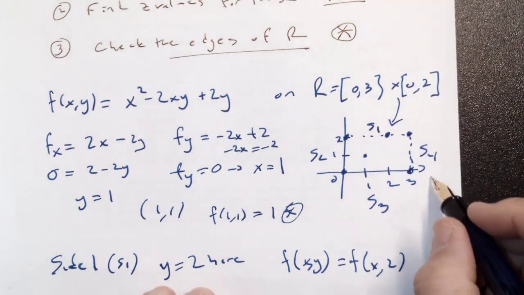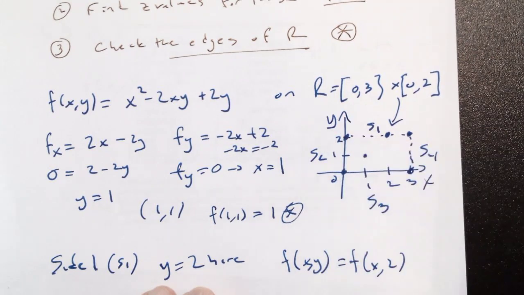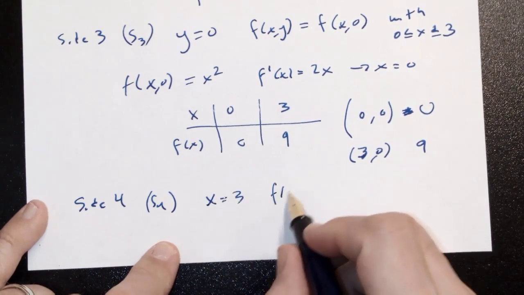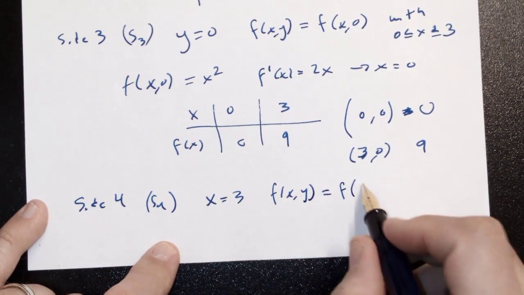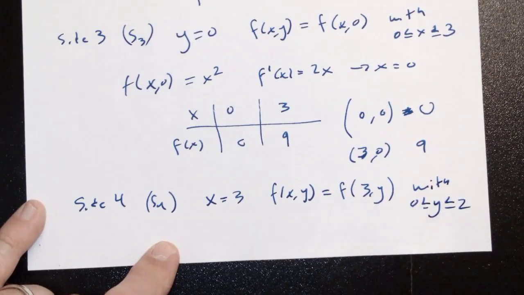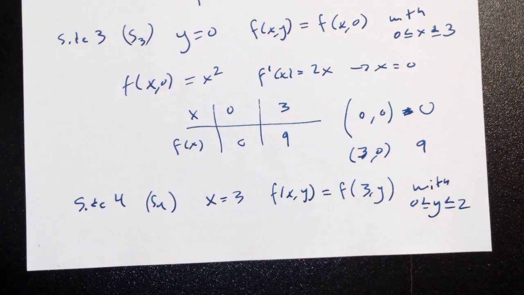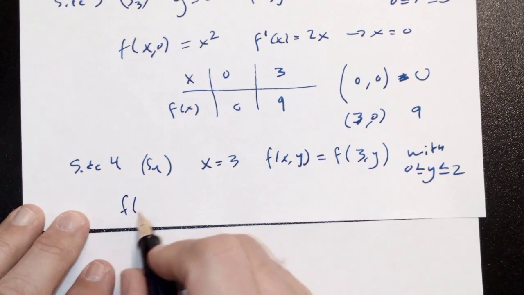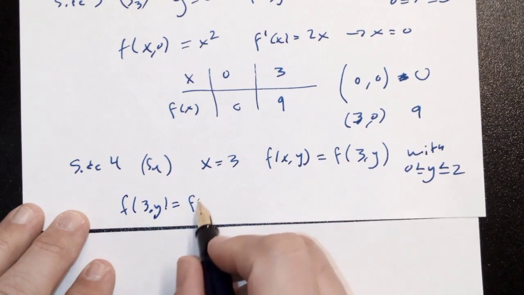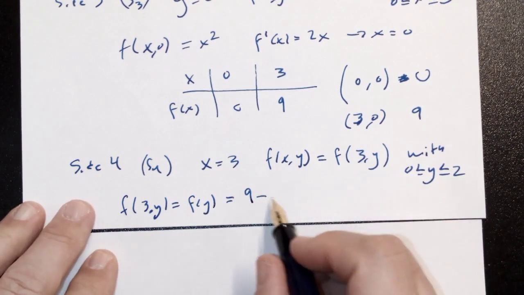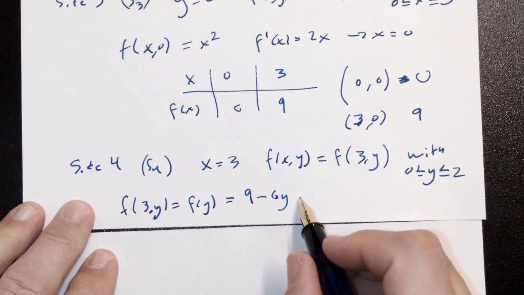It's x equals 3, and again, that's with 0 less than or equal to y less than or equal to 2. I need to put together my function. So I put in 3 and I get f of 3, y, which will be f of y. And that's 9 minus 2 times 3 times y, plus 2y.